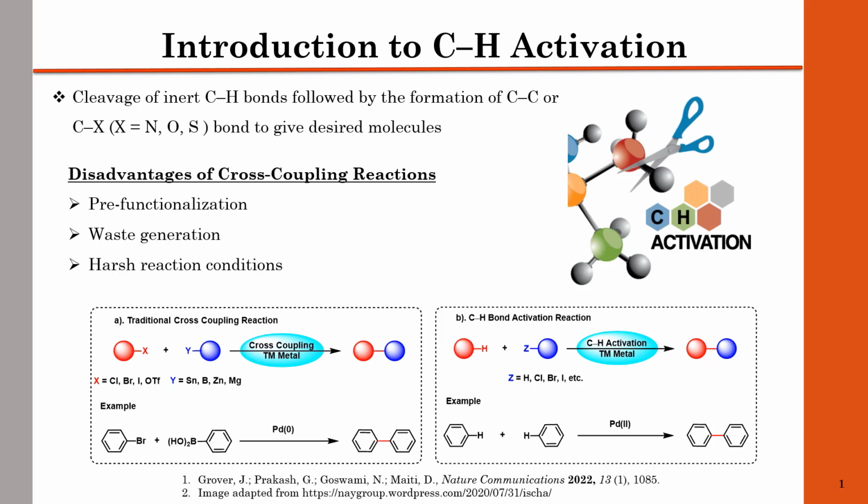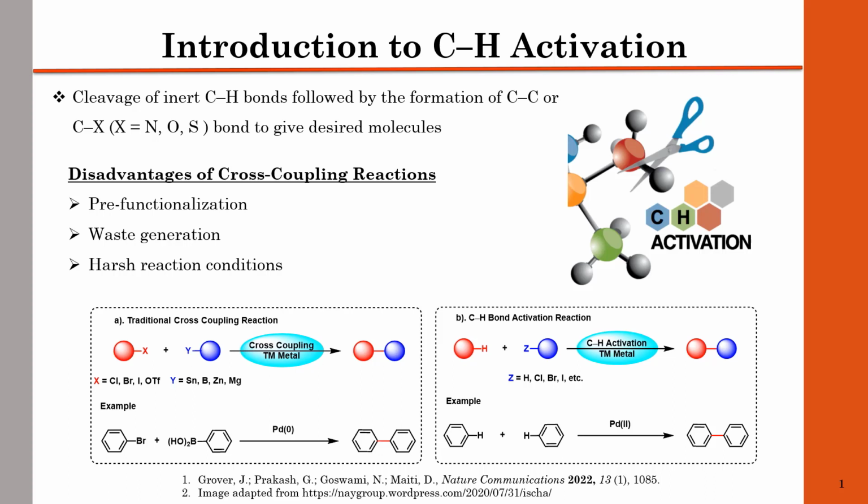As we know, using traditional chemistry like Friedel-Crafts alkylation, acylation, and also cross-coupling reactions, we can make a new CC bond. But cross-coupling reactions have been used more widely in the past few decades, even on industrial scale.